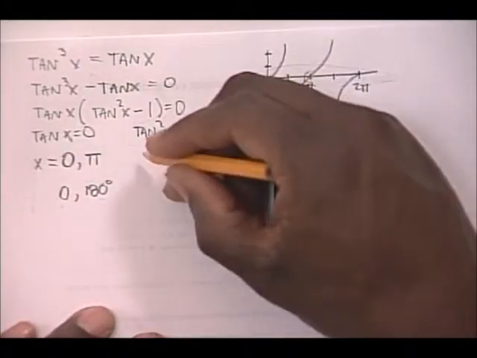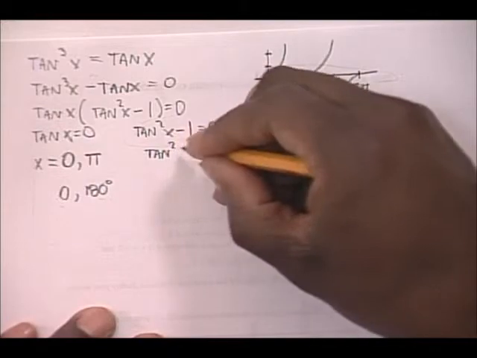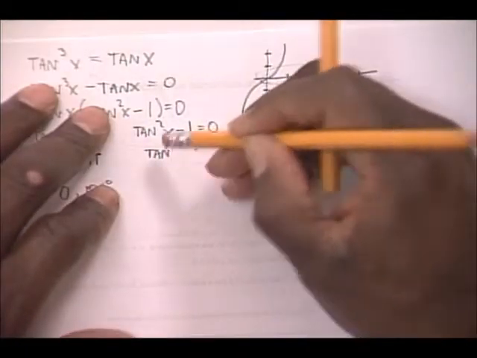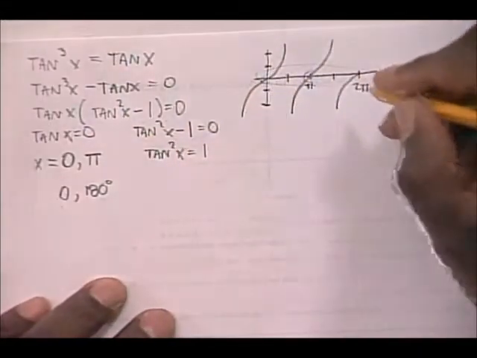So here, they'd have to add 1 to both sides. You get tangent squared x is equal to 1.